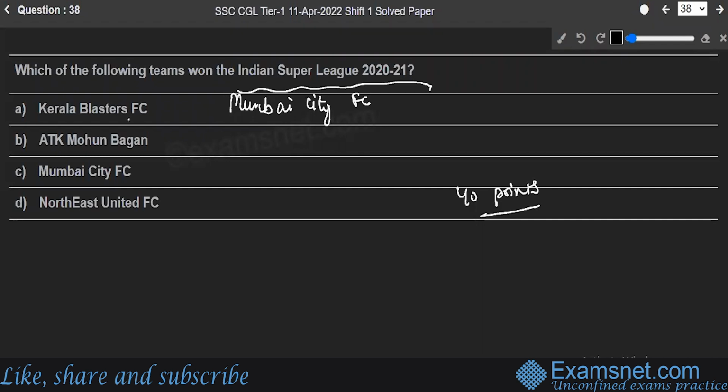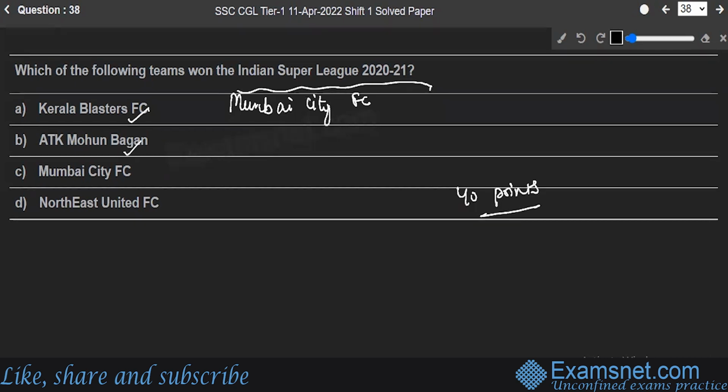If I'm talking about Kerala Blasters FC, this is an Indian professional football club headquartered in Kochi, Kerala, that competes in the Indian Super League, India's highest level of football. ATK Mohun Bagan FC is a West Bengal based Indian professional football team. The club competes in the Indian Super League, one of the country's premier football leagues.